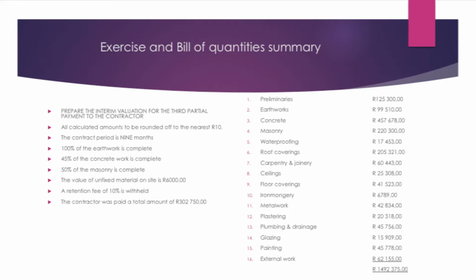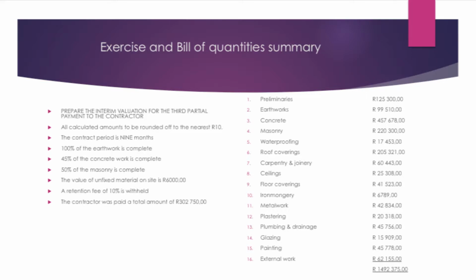If you look at the exercise, it says prepare the interim valuation for the third partial payment to the contractor. Once we talk about the third partial payment, it means we are paying the contractor for the third time.